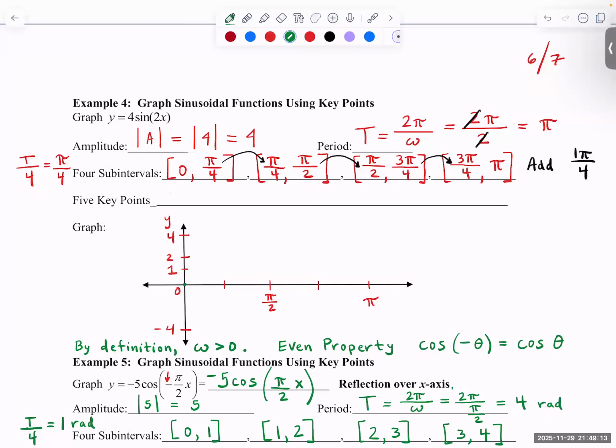At pi over 2, the sine function value is 1. And at pi radians, the sine function value is back to 0. So I'm going to sketch this lightly here, from 0 to pi. That would be the sine function, but only from 0 to pi.